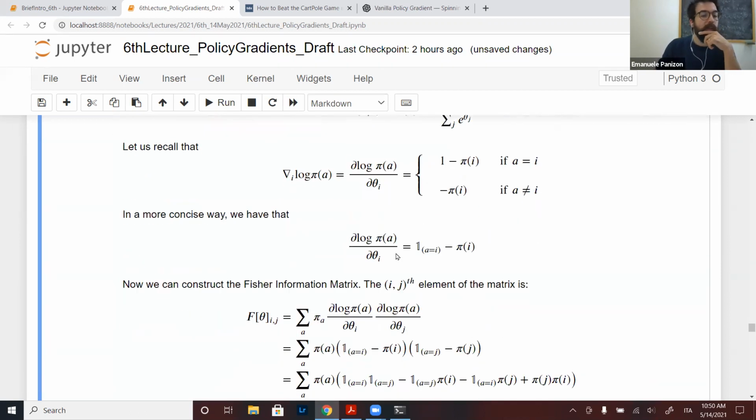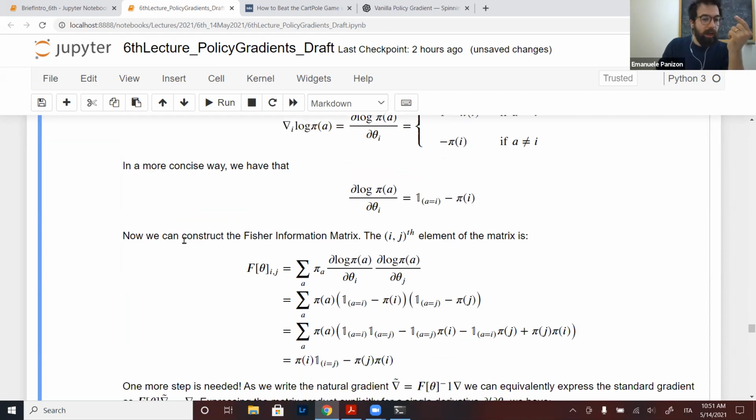We can write it in a more concise way: the derivative of log π with respect to theta I is equal to 1, but only if a equals I, minus π I.